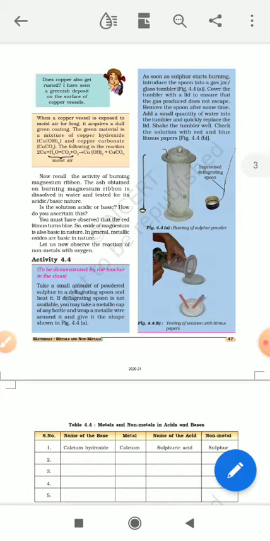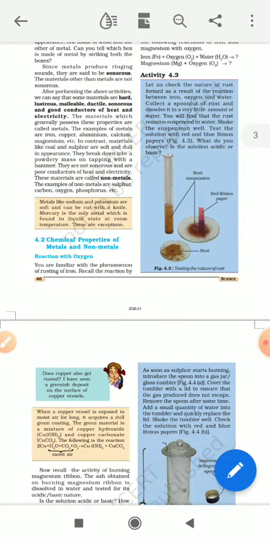If you put litmus paper in metal oxide, you can see that the litmus paper turns to the other color. Whenever you dip red litmus paper in a metal oxide, it turns blue.